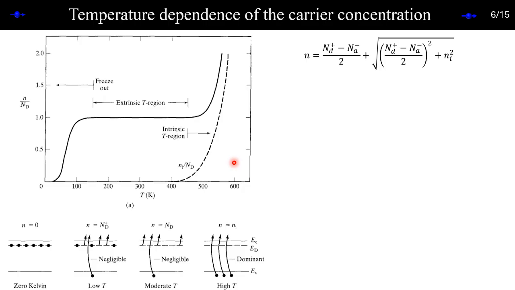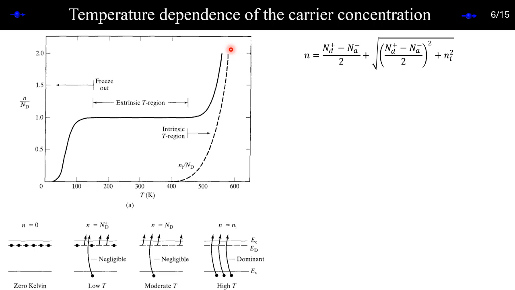Suppose it is 10 raised to 18. Then what would be the electron concentration? The dopant concentration is smaller than that, so the electron concentration will be 10 raised to 18, right? So this is like exponential growth. Slowly the electron concentration will match this limit. This is called the extrinsic limit.